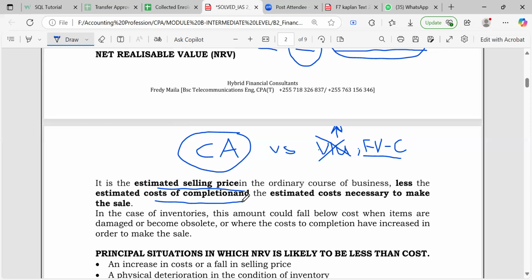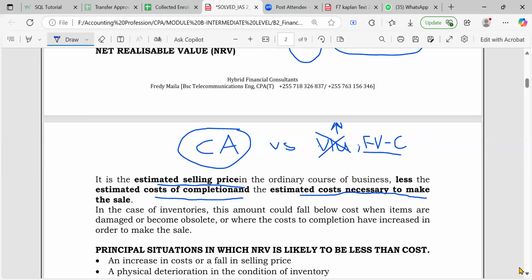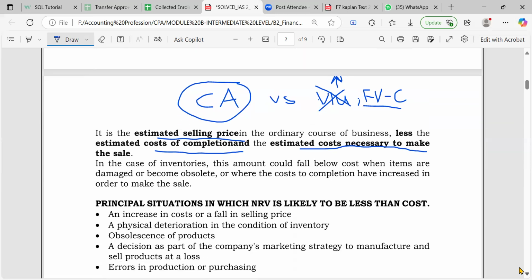It means you'll complete it, and then the estimated necessary cost to make the sale. It should be only the costs that were incurred to enable the sale to occur, right? Not whatever cost you incurred. If you incur a cost apart from those which are necessary, you don't have to count them in. So it's just that way, right?